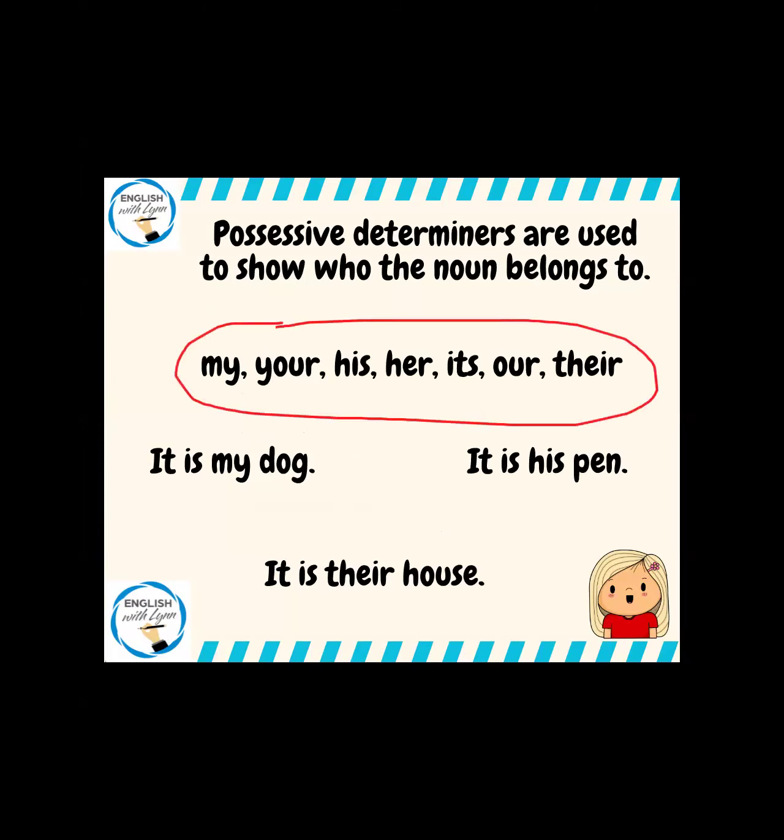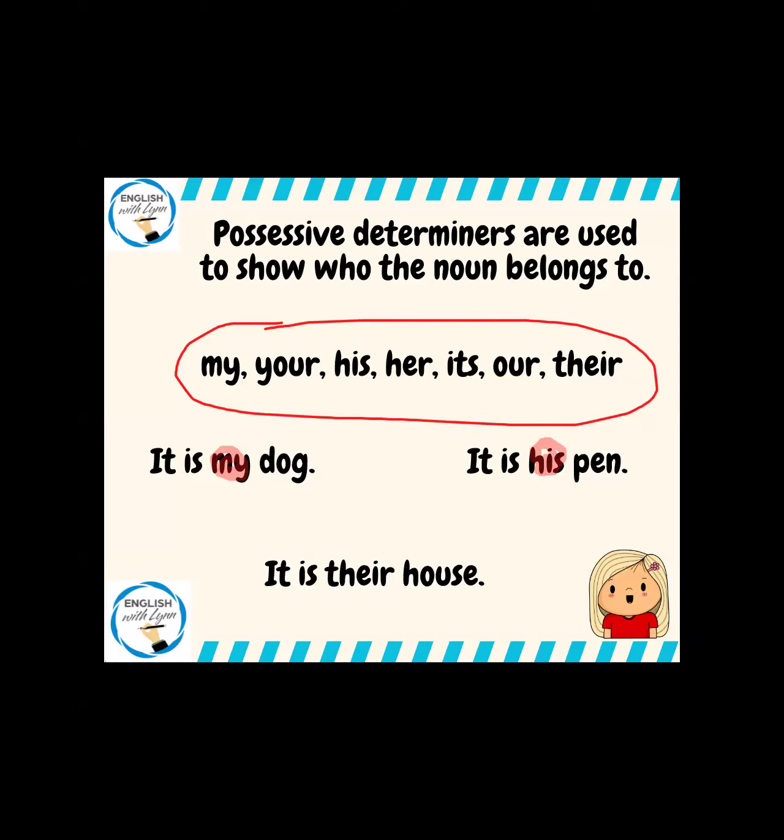So if I have a dog and it belongs to me, I would say it is my dog. If a boy has a pen and it belongs to him, you would say it is his pen. If it was a girl, you would say it was her pen.